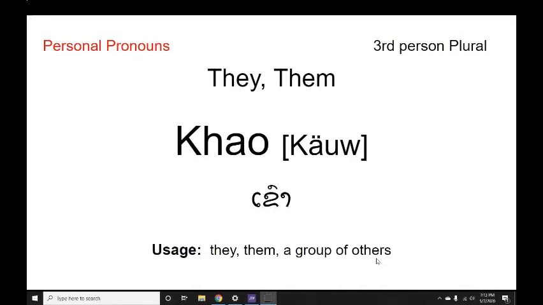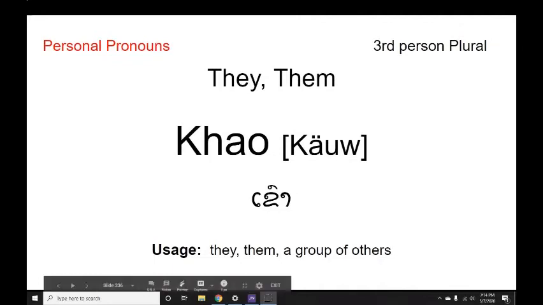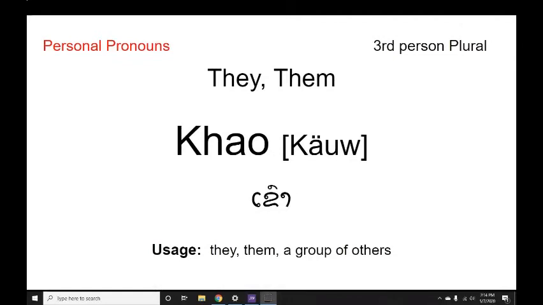Then we had puak cow, and this one can stand alone as cow as well, for they or them. Okay? And again, the context will let you know how many people are being referred to, whether it's a he as cow, he or she, or they or them. Okay?